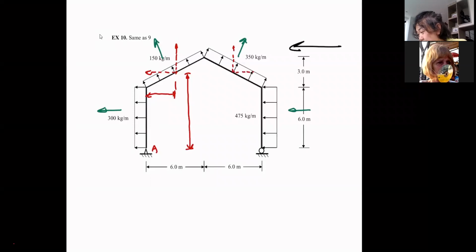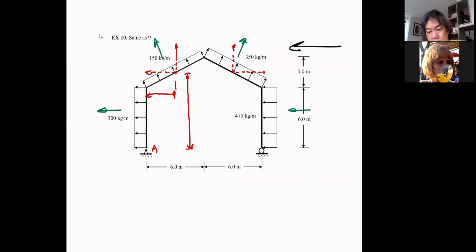But in terms of the uniform load acting on the member, it's already easy enough because they are already perpendicular to the members. Okay, so let's say I am giving the load in terms of kilogram per meter, but in the calculation, I think I'm going to go to the ton unit.